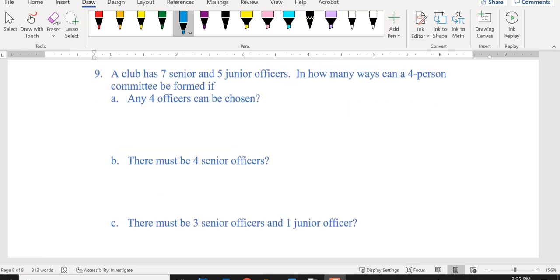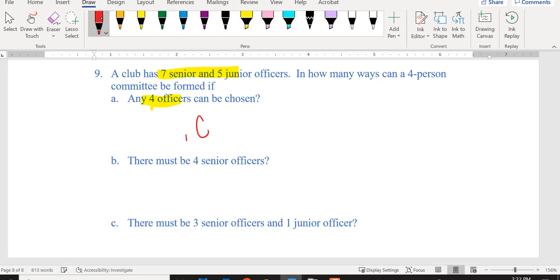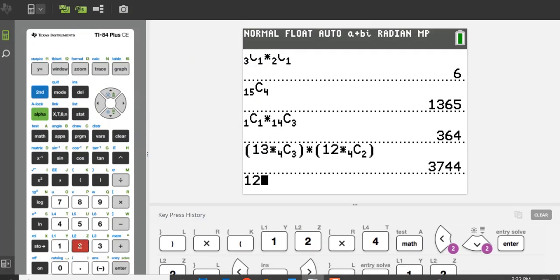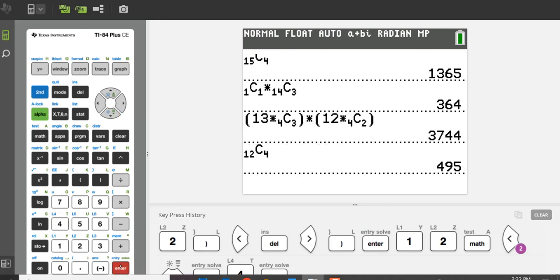All right, I believe this is the last problem. A club has 7 senior and 5 junior officers. In how many ways can a 4-person committee be formed if any 4 officers can be chosen? So you have 12 to pick from, and you want 4? That's going to be the combination of 12, pick 4. $495.